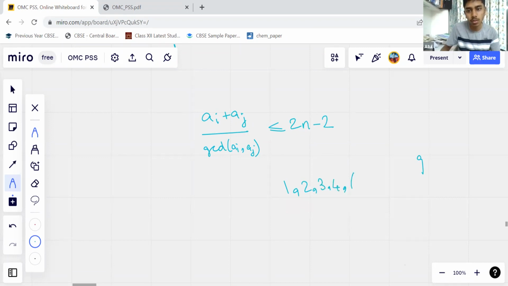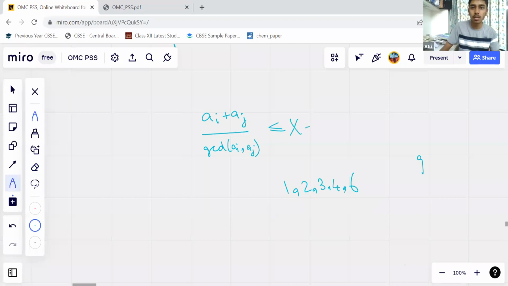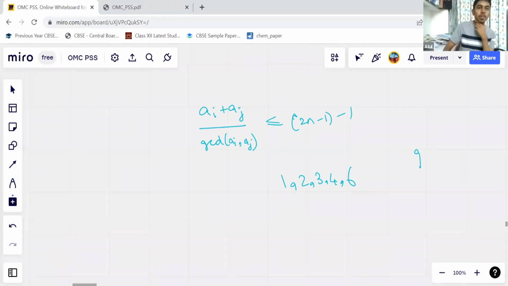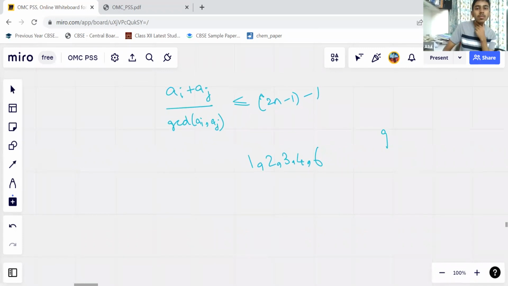For 9, 1, 2, 3, 4, 6. I see. So you're just ensuring that 6 and 4, 6 and 3 have a GCD, so they'll get divided out. But this was quite lucky because 6 is not co-prime to 3 or 4.